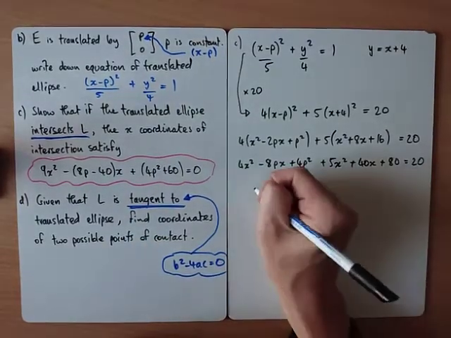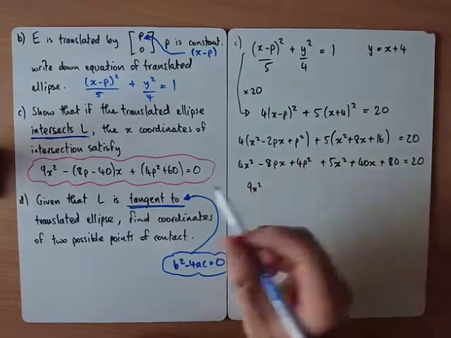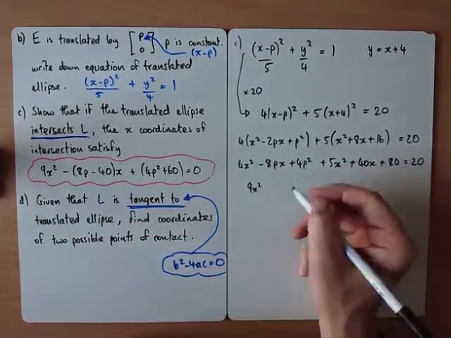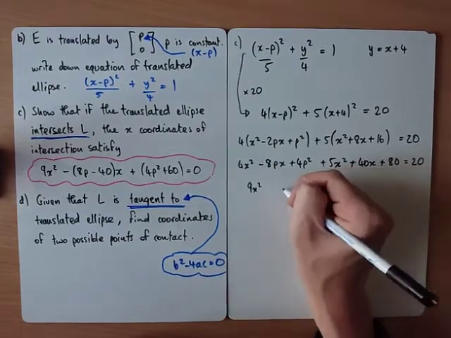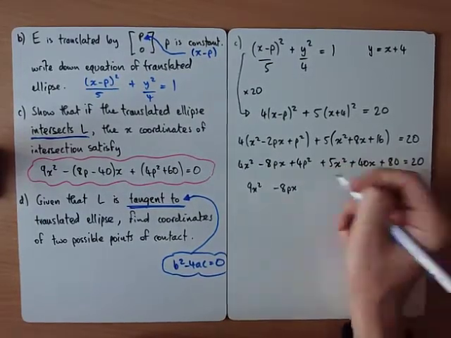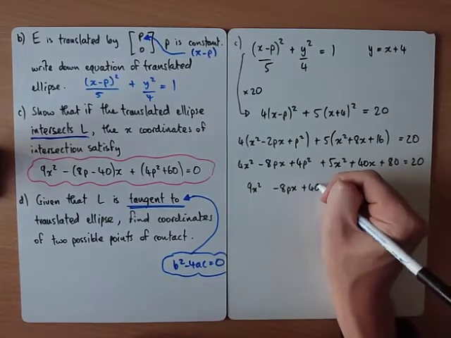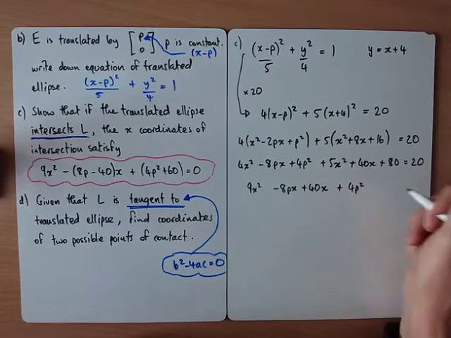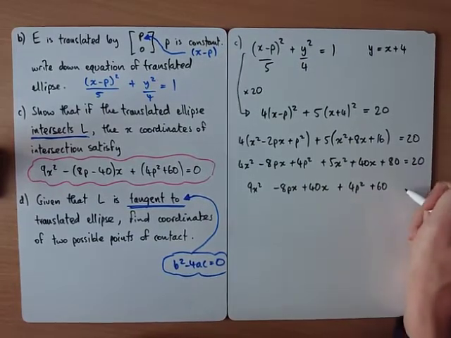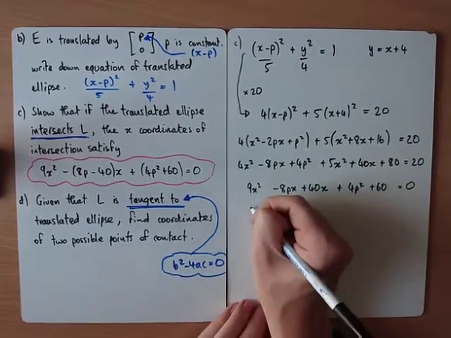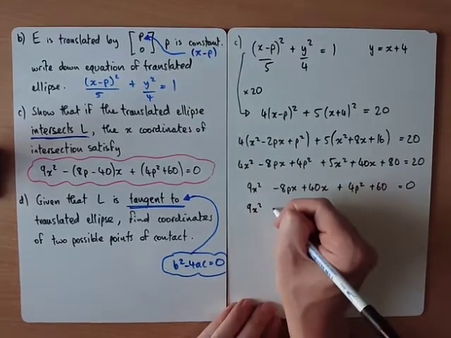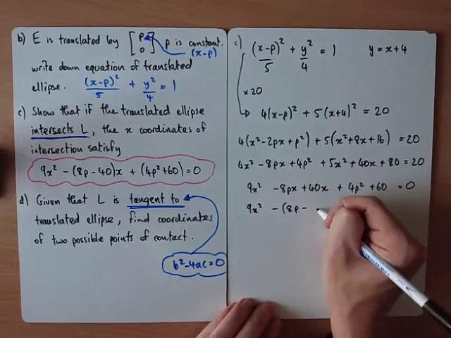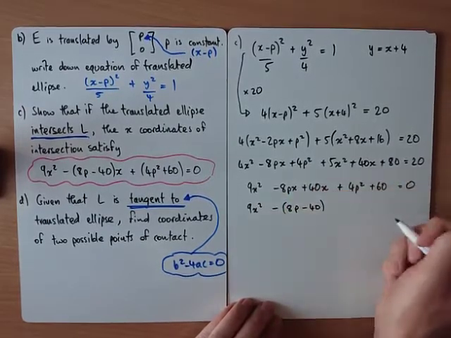But clearly we've got 9x squared. If you group the x terms together, it wouldn't look exactly like this, but we've just taken a factor of the negative out, so maybe just leave it like that for now. Minus 8px plus 40x plus 4p squared plus 60. And obviously just justify the answer by making sure you write the final answer that you're aiming for. So they're taking a factor of x out, take the negative out as well. Minus minus is the same as the plus.